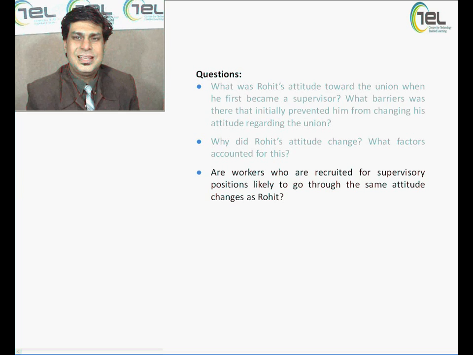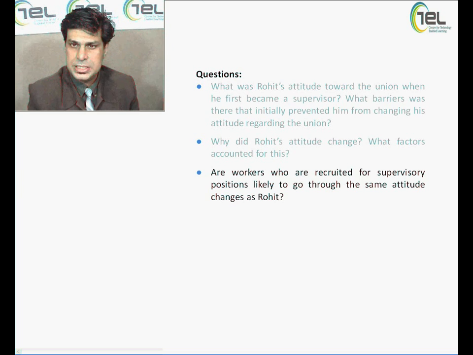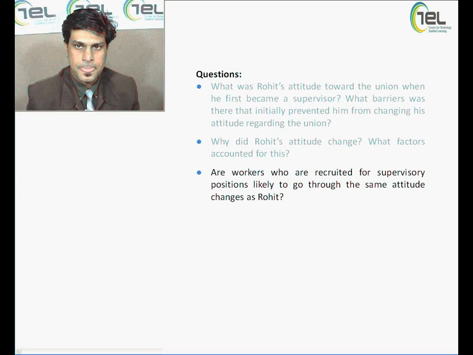It's a tricky question because this represents a human behavior pattern. Some people will go through this change like Rohit did, which means he realized the whole picture. He understood that his attitude and his behavior had a lot more to do with the running of the organization and the smooth functioning of the organization than his personal opinion.